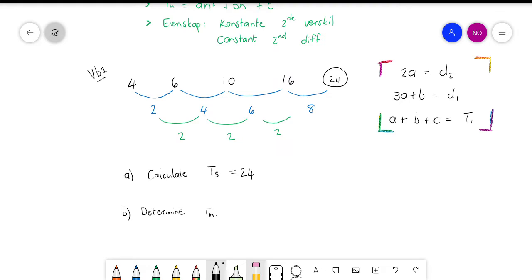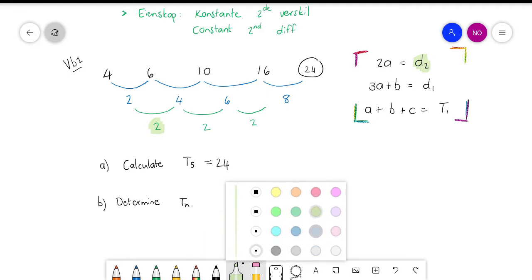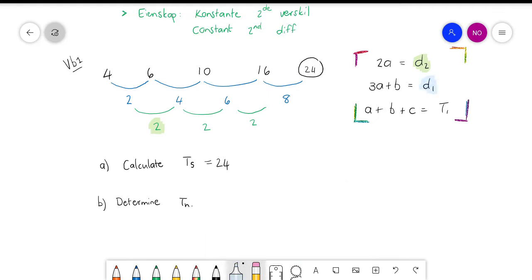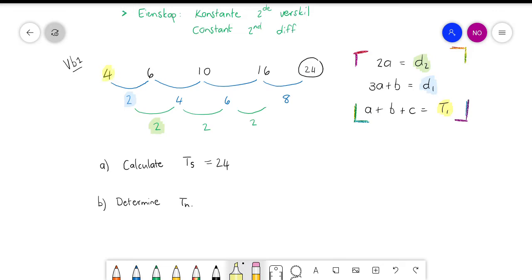Okay, volgende ene bepaal vir my term 1. Nou, hierdie ene hier, kry jy daar. Hierdie ene kry jy daar. En hierdie ene kry jy daar.